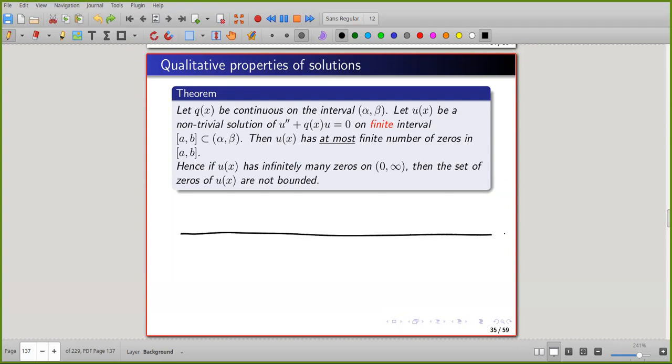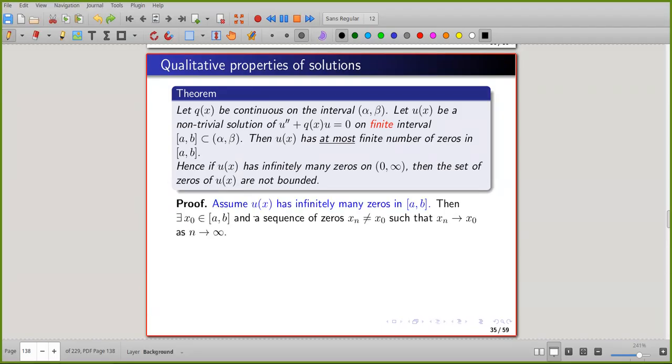So I have my u of x, and this is 0. Let's see the proof of the theorem first. Let's assume that u of x has infinitely many zeros in the interval a, b.